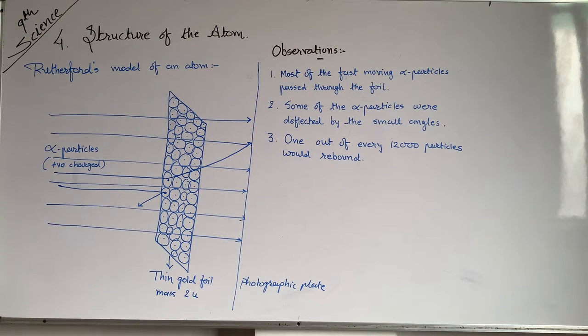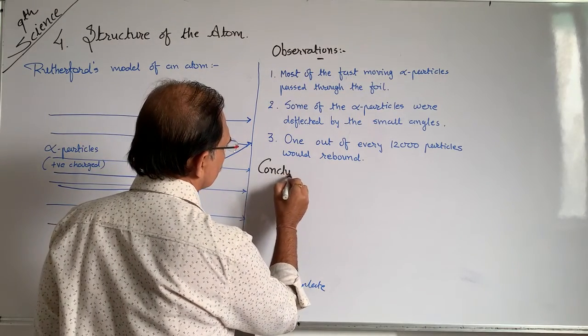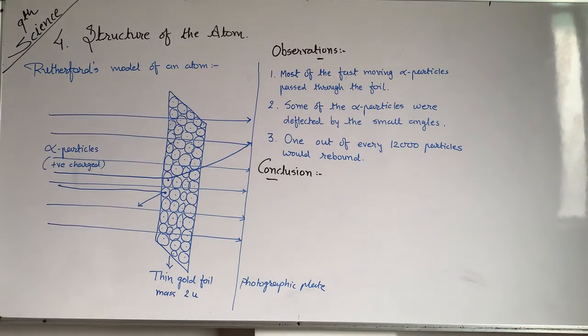Now, the conclusion from the observation. Write this, afterward we start the conclusion. From this observation, what is the conclusion? The conclusion is that most of the space inside the atom is empty.